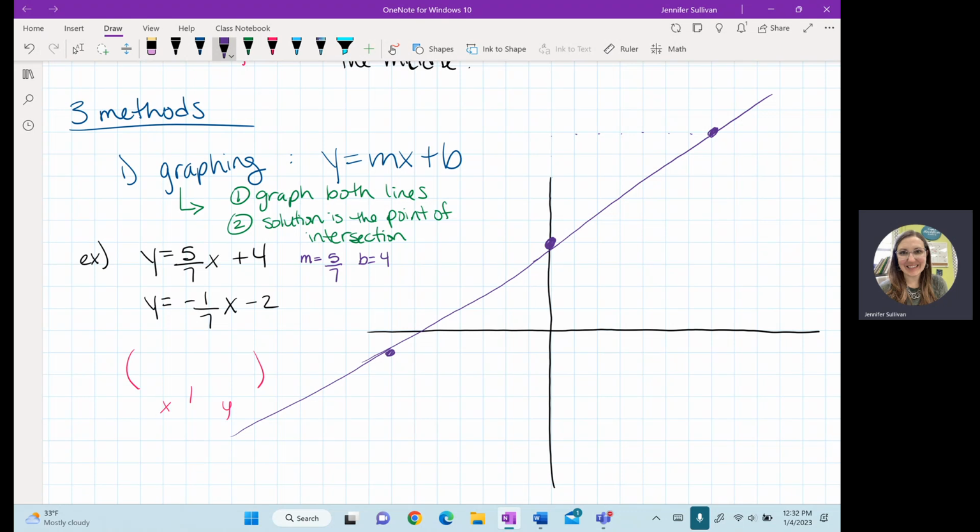And then we're going to do the other line. So our other line, again, on the same coordinate plane. My m is -1/7, and my b is -2. So I'm going to go down 2. And then my slope is -1/7, so I'm going to go down 1, right 7.